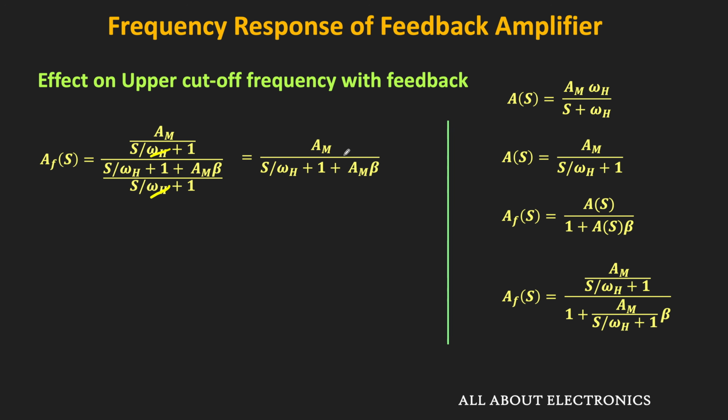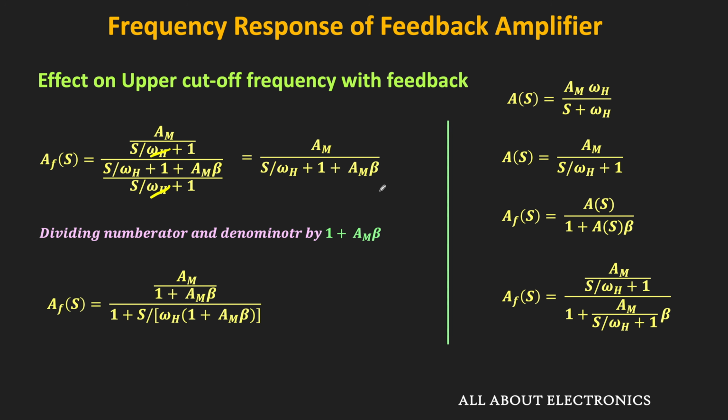And further, the same expression can be written as AM divided by (s divided by omega h plus 1 plus AM times beta). So now, if we divide both numerator and denominator by 1 plus AM beta, then further this expression can be written as AM divided by (1 plus AM beta), divided by 1 plus s divided by (omega h times (1 plus AM beta)).